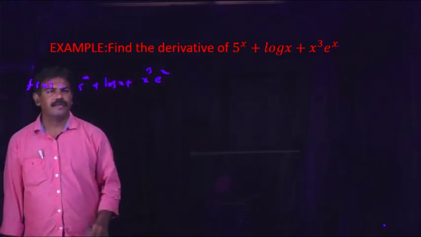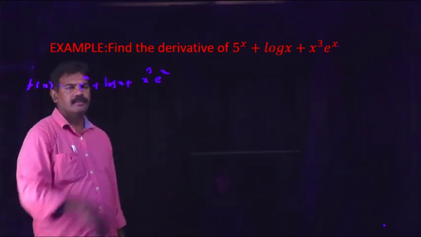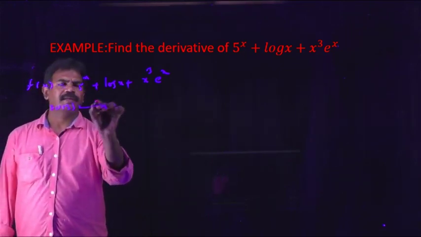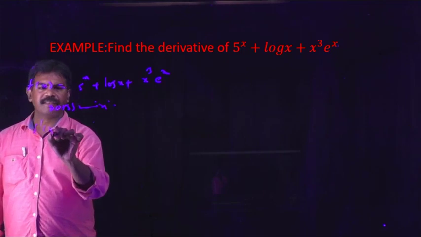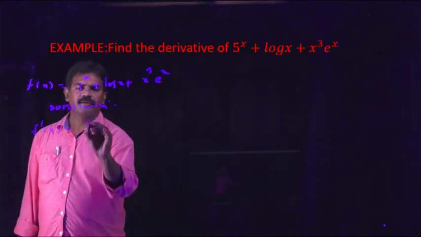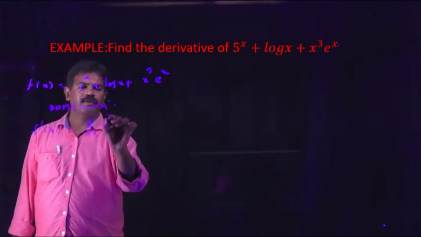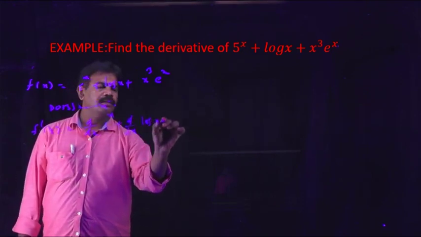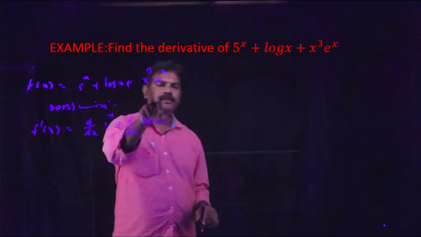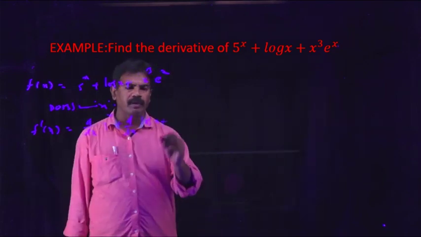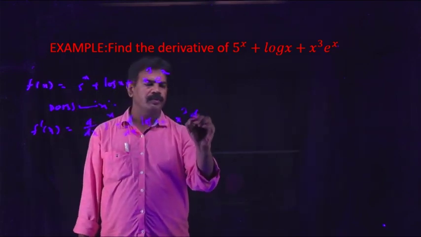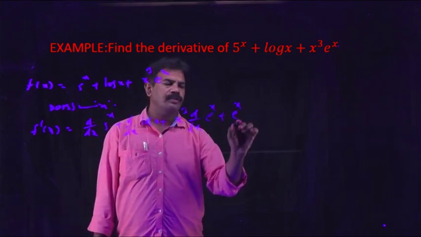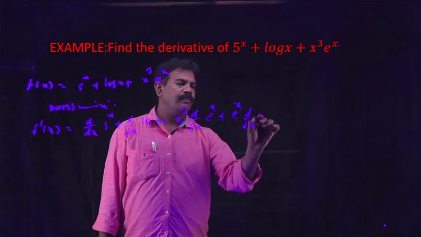Now we find the derivative of this function, differentiating on both sides with respect to x. f'(x) is equal to d by dx of 5 power x plus d by dx of log x plus, here two terms are there, that is the uv formula. We write x cube into d by dx of e power x plus e power x into d by dx of x cube.